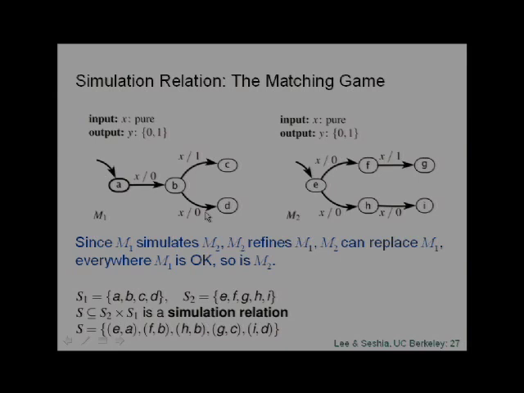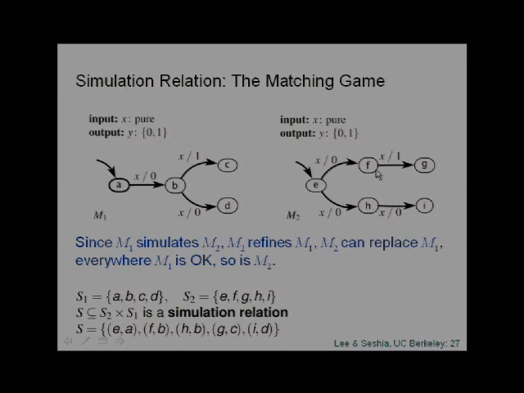Okay. So I think these are all good questions. Let's go to the definition, which looks complicated, but we'll walk through it, and then we can reason about those two. So let's say you have these two machines, M1 and M2, and M1 is a five-tuple. Let me refresh your memory. This is the set of states, inputs, outputs.